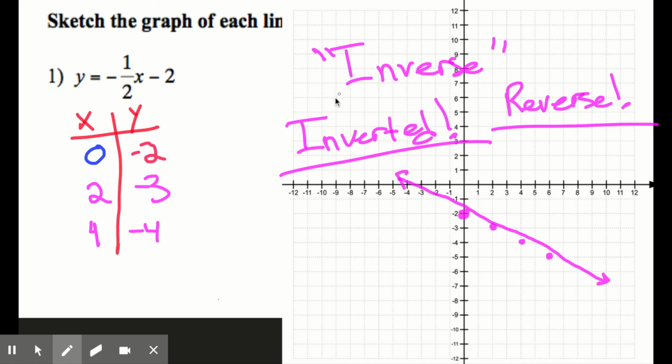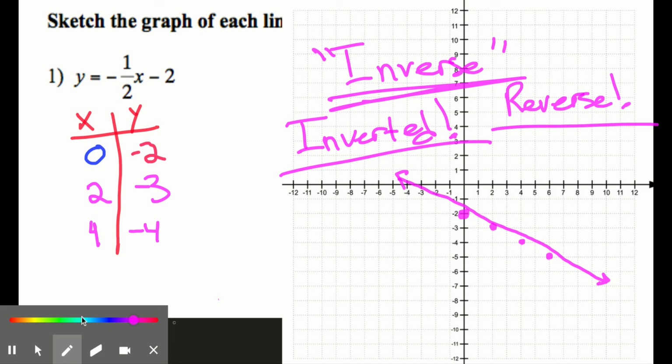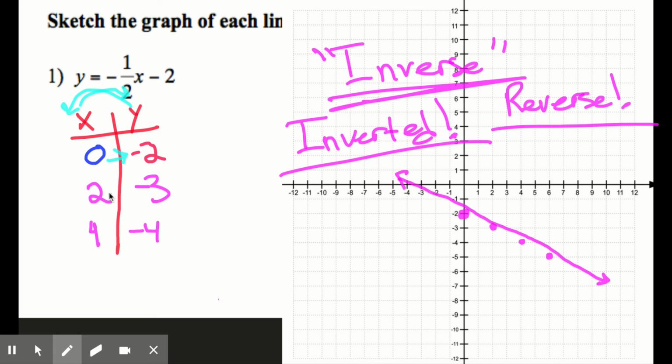What we're going to do to create an inverse function is you invert inputs and outputs. So instead of 0 leading to -2 and 2 leading to -3 and 4 leading to -4, instead the inverse would mean what type of equation has -4 produce 4, has -3 produce 2, has -2 produce 0.